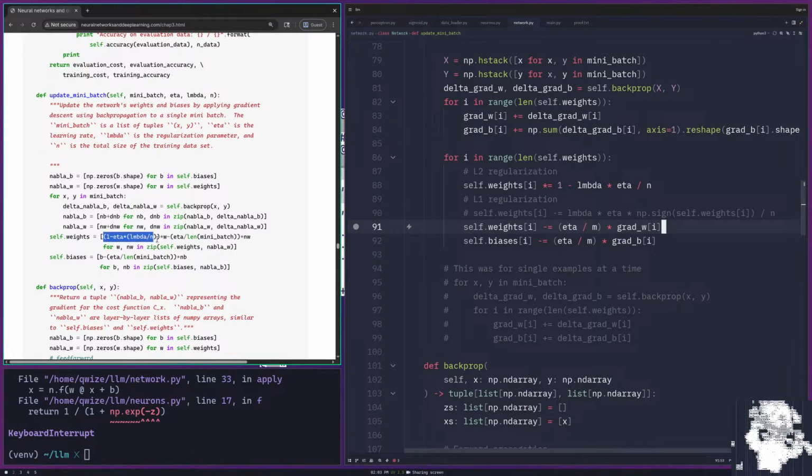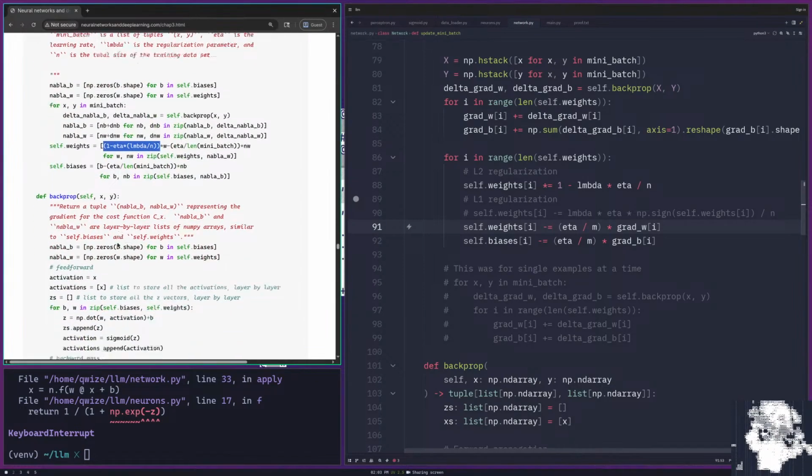But yeah, I don't think I'm learning anything new here. You take what it used to be, you multiply it by 1 minus eta times lambda over n. So yeah. And then you don't do that with the bias. All right.